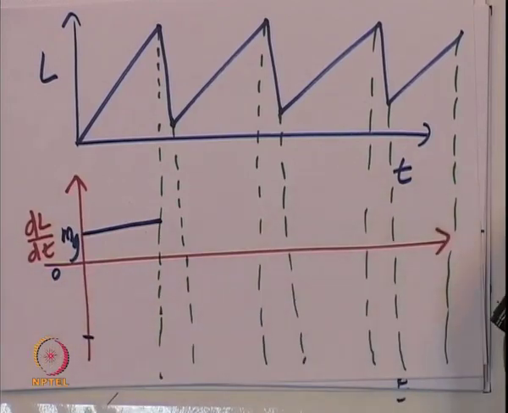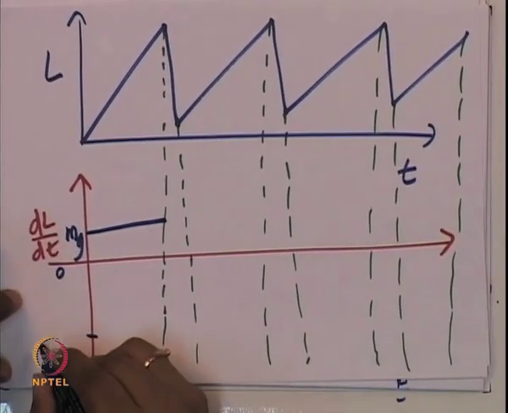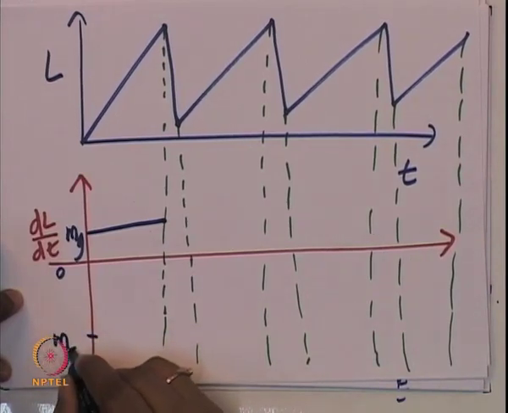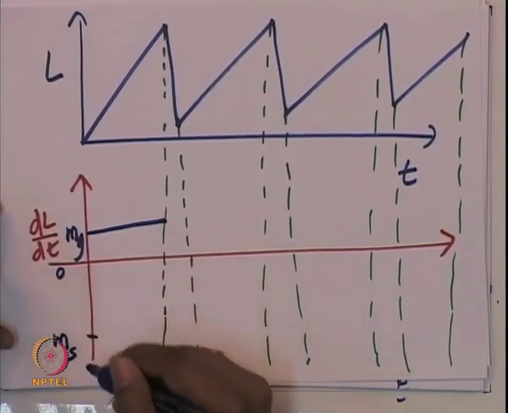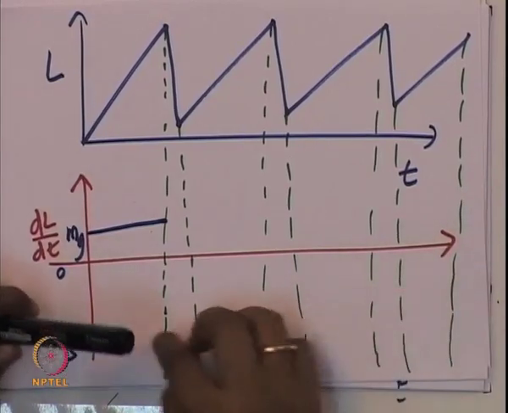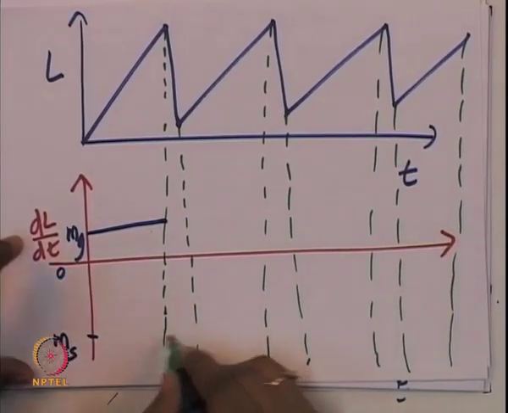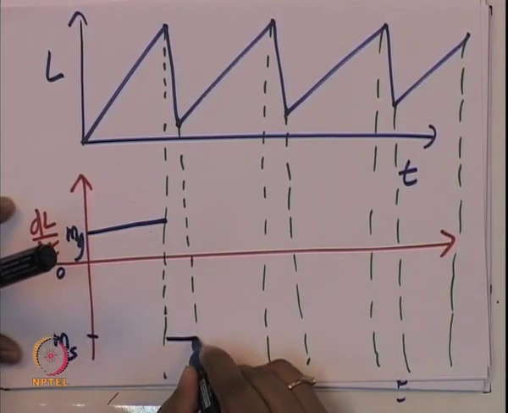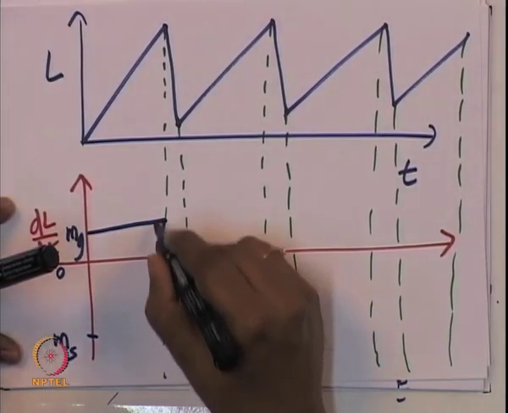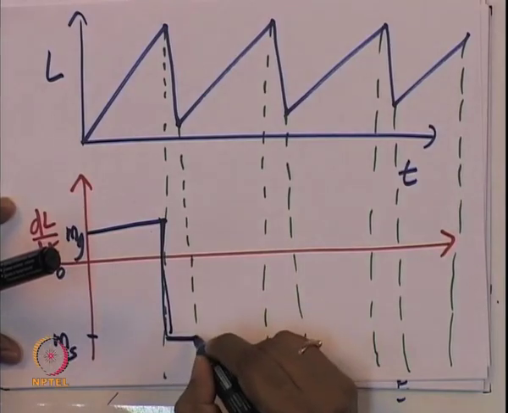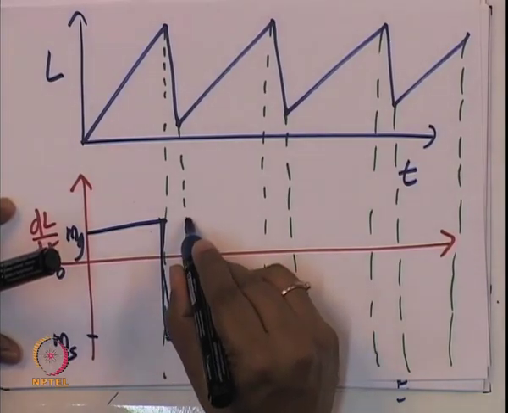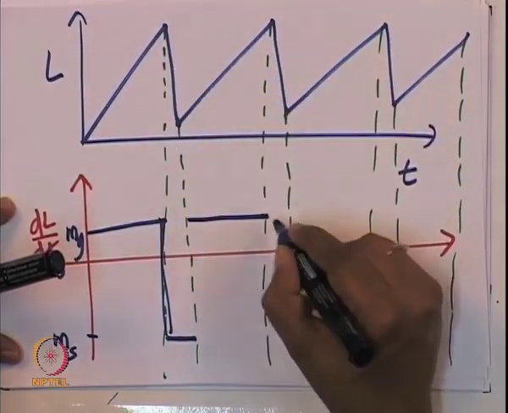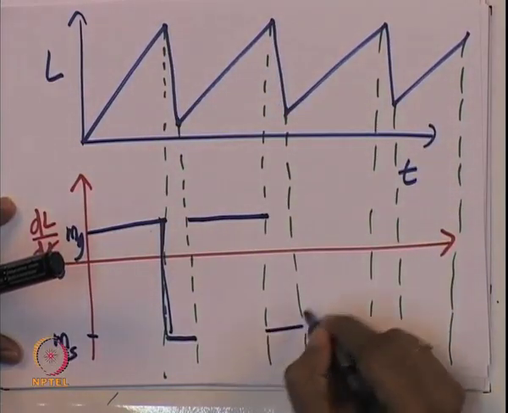Let me call this m shrink, m s, which is a negative value. Between this line and this line, we have a large negative value, and here it is again a positive value, because it is the same slope as this. Then again a shrink phase.